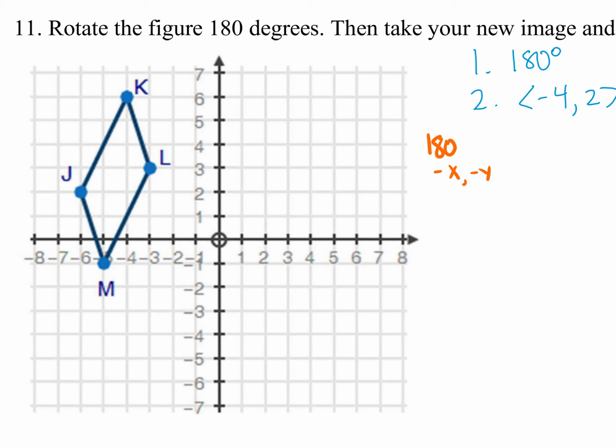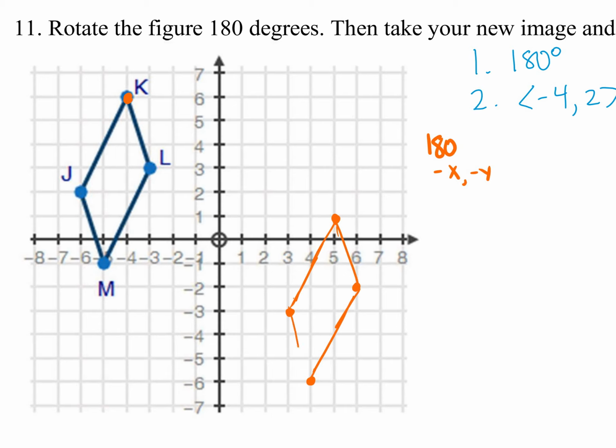So let's start with K. K is -4, 6, so it becomes 4, -6. L is -3, 3, so it becomes 3, -3. M, -5, -1, so 5, 1. And J, -6, 2, becomes 6, -2. So this is my rotated image right here.